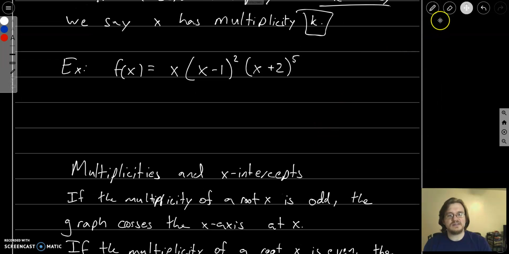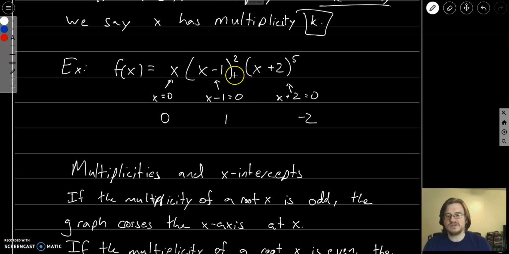The easy way to see this, we can look at all of the equations that pop up here. If I want to know where the roots of this polynomial are, well, I have to solve x is equal to 0 from there. I have to solve x minus 1 is equal to 0 from this guy. And I have to solve x plus 2 is equal to 0 from this guy. Well, so 0 is a root, 1 is a root, and negative 2 is a root.